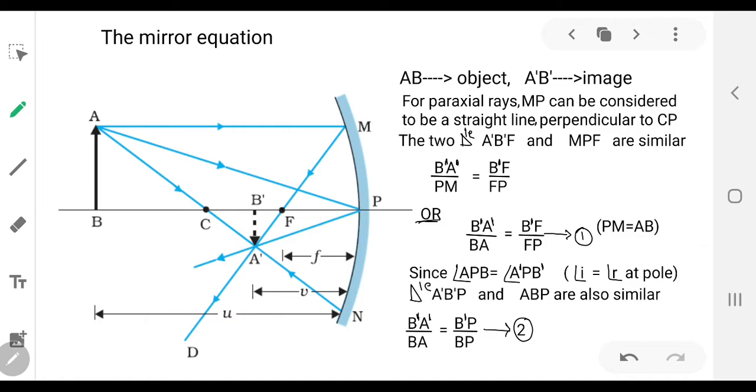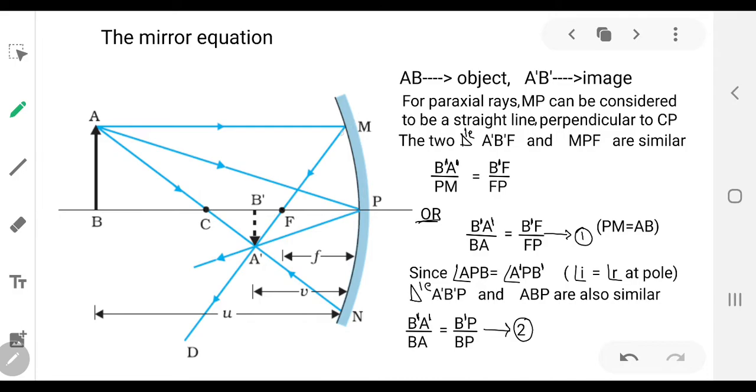And here we are taking an object AB which is beyond C. When the object is beyond C, where should the image be formed? Between C and F. For image formation, we have to take the rays. The first ray we always take is parallel to the principal axis. So we are considering the first ray AM parallel to the principal axis.